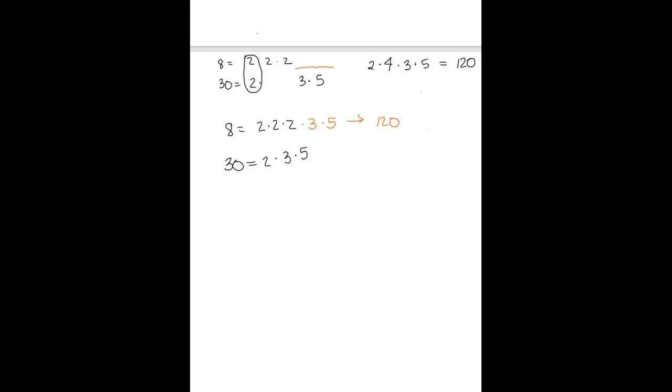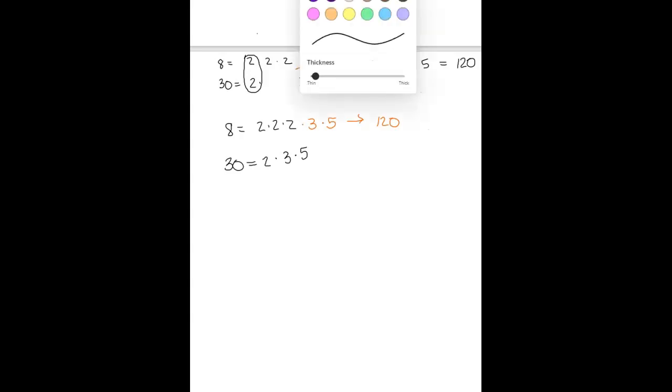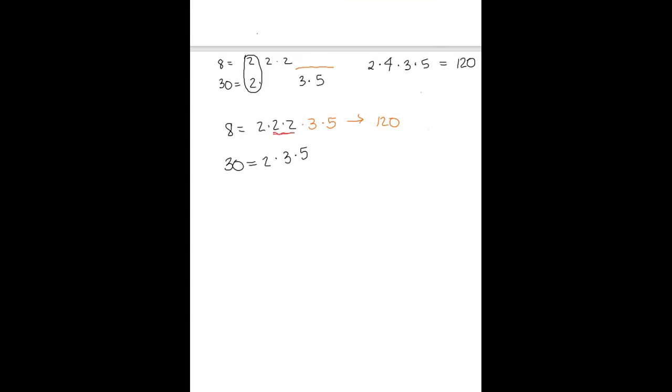But I don't have these missing 2s, right? So I'm going to say 2 times 2, or 4, whichever you prefer. And then that's going to get me to my 120 that I need.